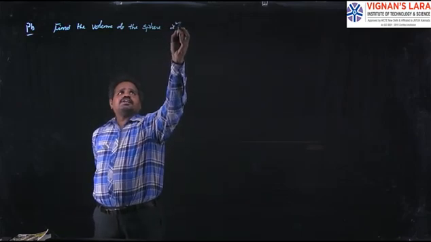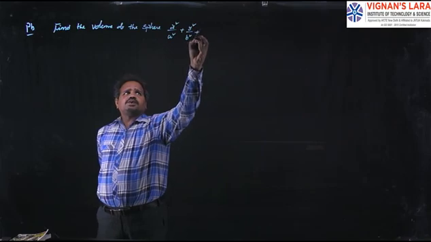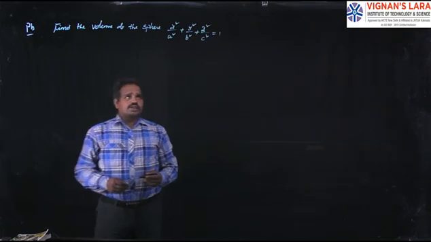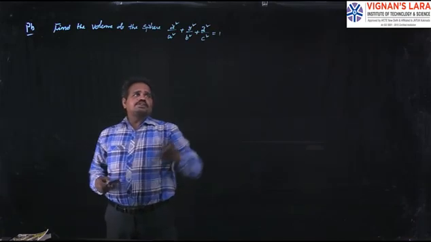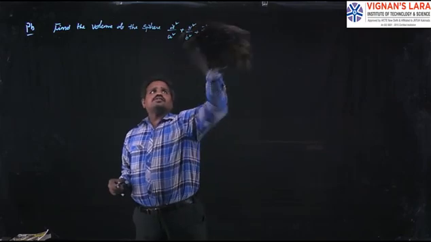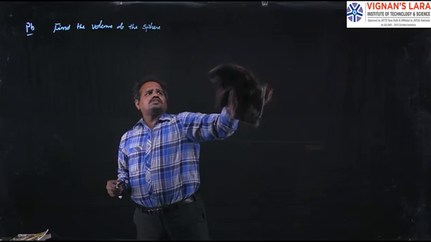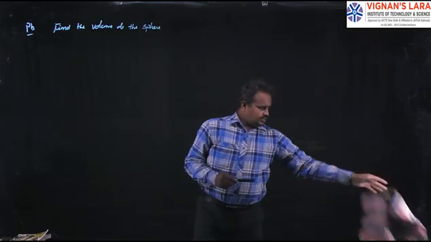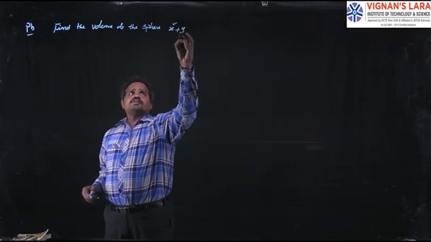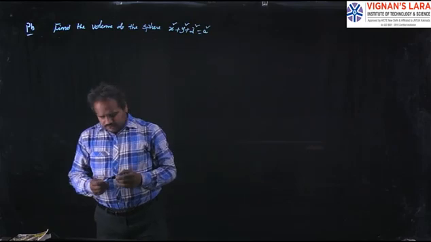Sorry, volume of the sphere, it's not x square by a square. Sphere, volume of the sphere. So x square plus y square plus z square is equal to a square.